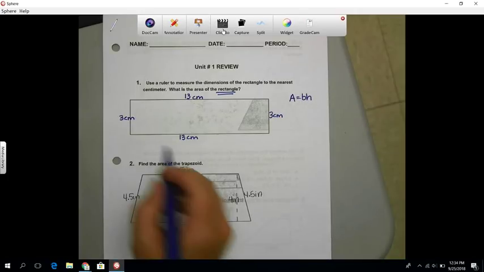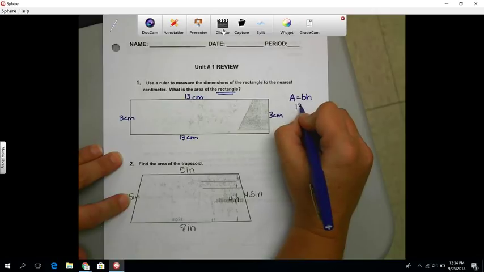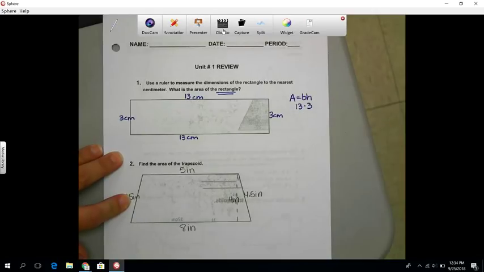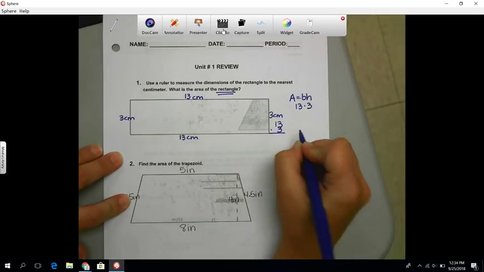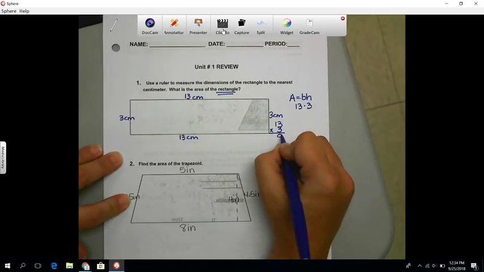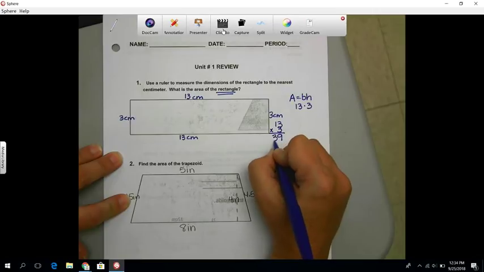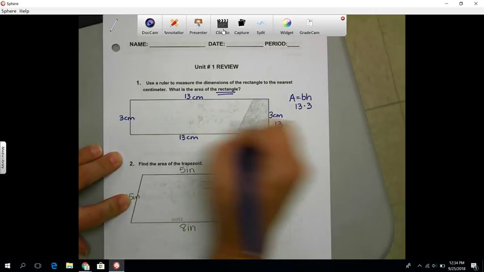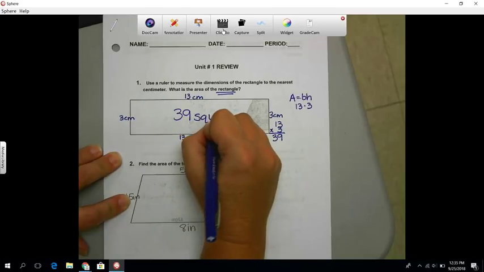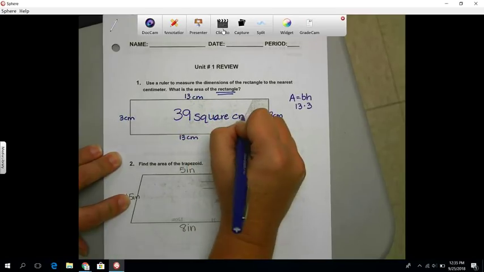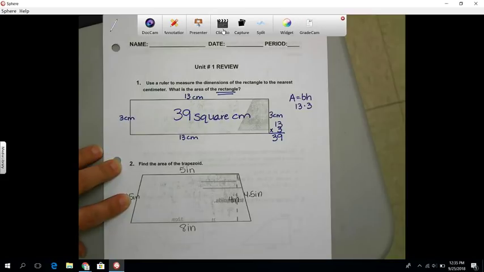Now, my base is 13 times my height is 3. So 13 times 3, I know that 3 times 3 is 9, and 3 times 1 is 3. So we have 39 square centimeters for our area of our rectangle.